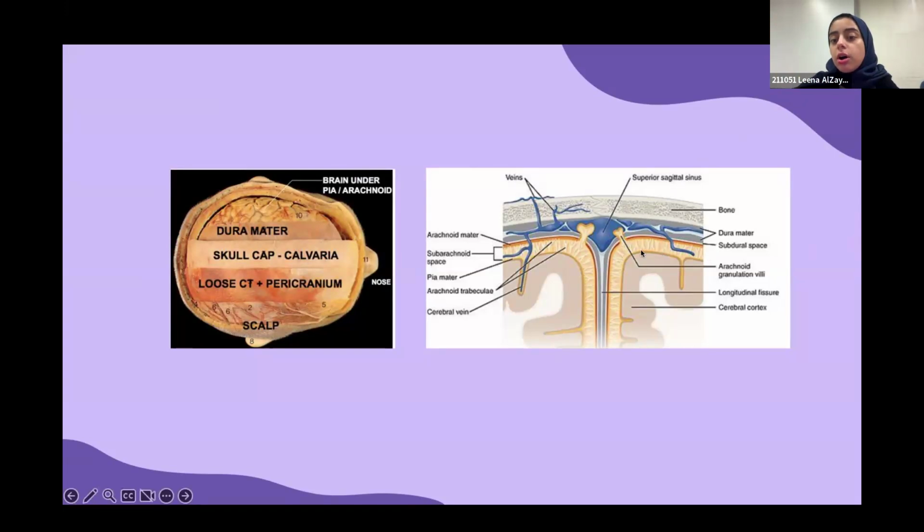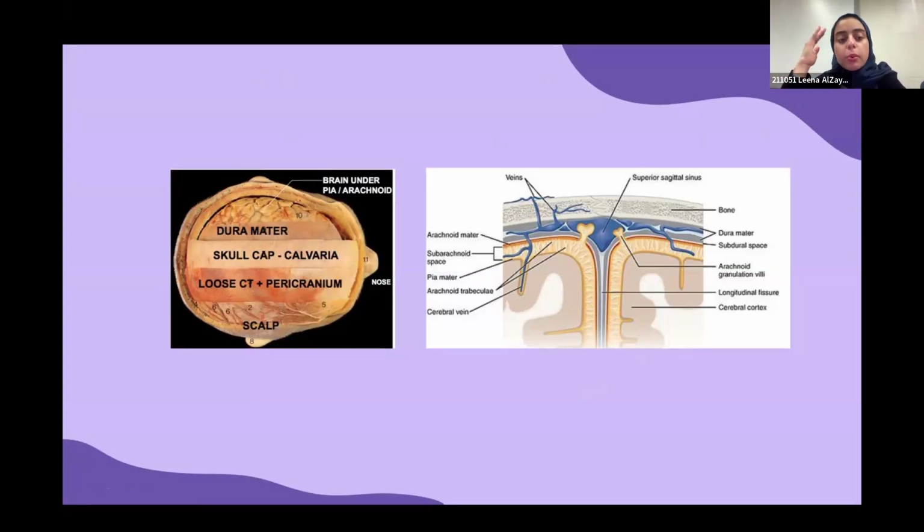And in the arachnoid space, we have something called arachnoid granulation villi. These arachnoid granulation villi take the fluid from the subarachnoid space and give it out to the venous drainage of the brain. So the CSF can actually leave, and we don't have high pressure of the CSF. Okay, I'm going to repeat the same concept again.